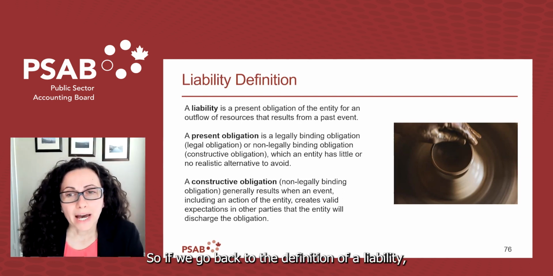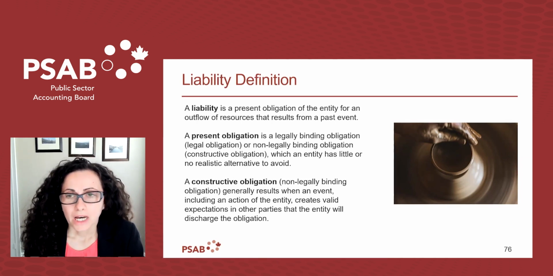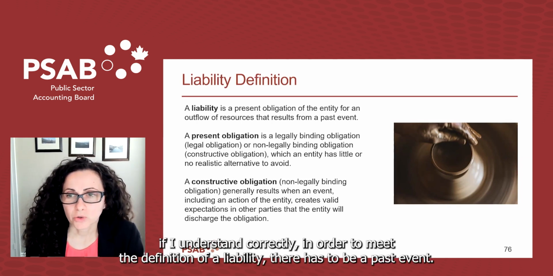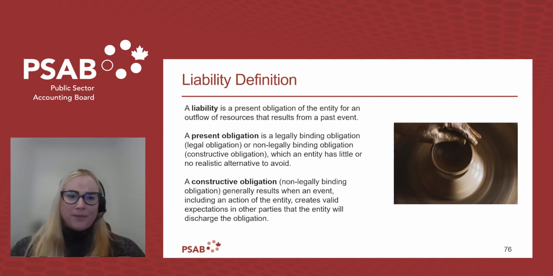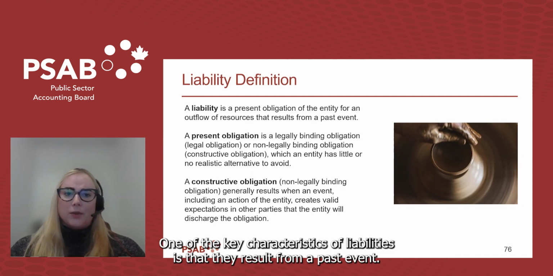So if we go back to the definition of a liability, if I understand correctly, in order to meet the definition of a liability, there has to be a past event. Can you talk a bit more about this? For sure. One of the key characteristics of liabilities is that they result from a past event.